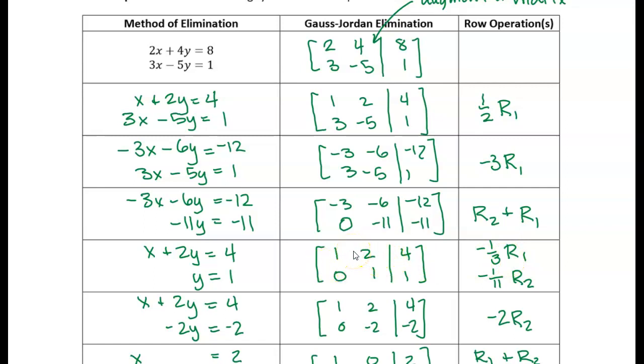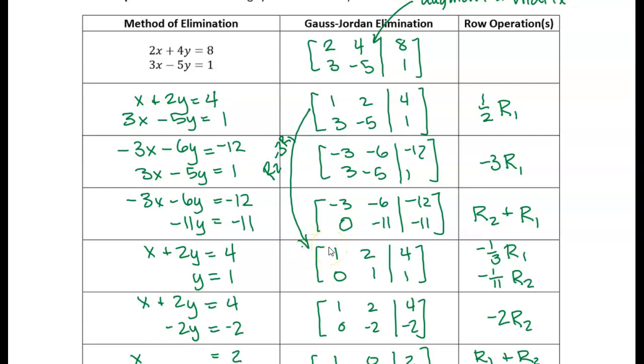Now we could have done that in one step. We could have just taken -3 times row 1 in this case and gone straight to here, right? We could think of this as, let's see, we replace row 2 with row 2 minus 3 row 1. Okay, we could have done that whole thing in one step.